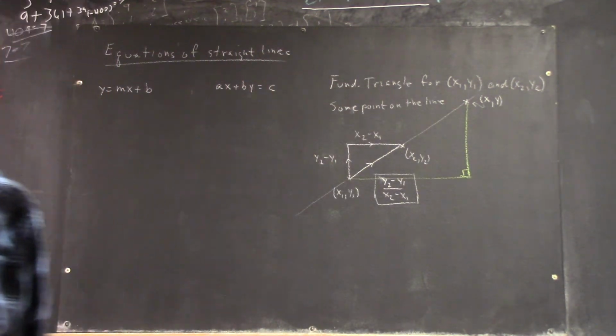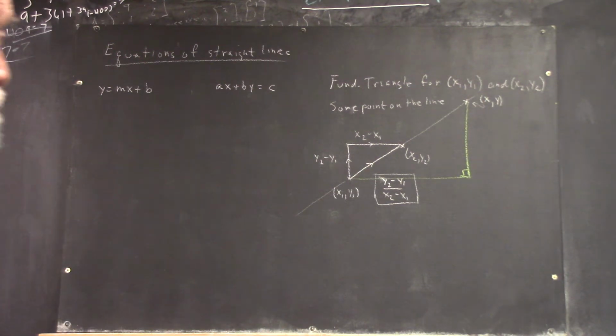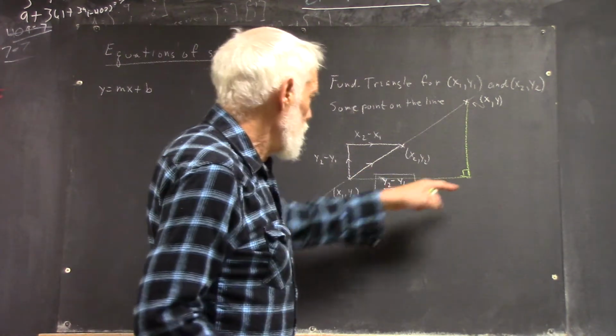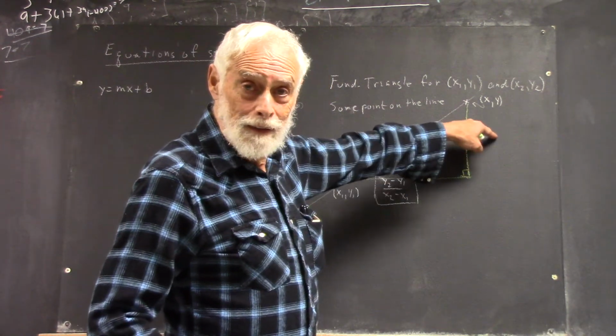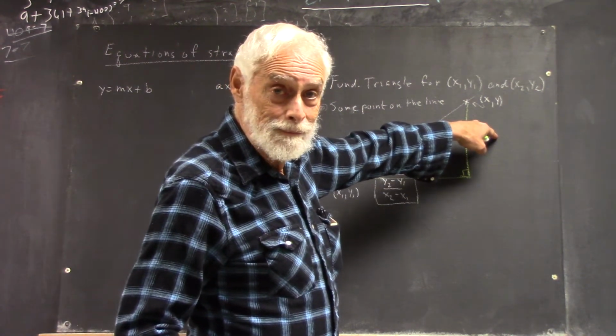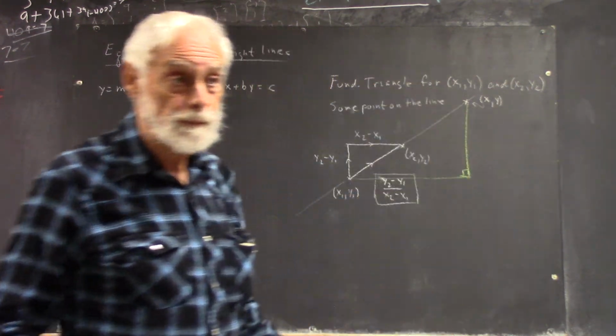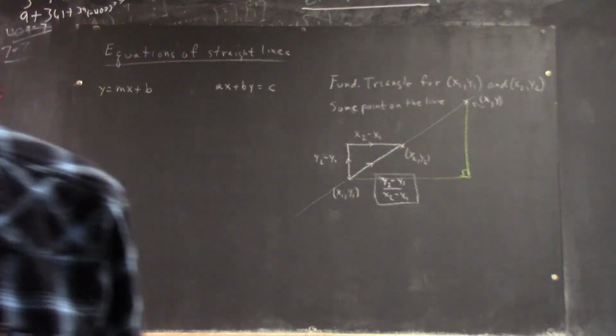So I want you to label this side. You probably have to label it like here. Label this side and label the slope. It should just take you a minute.